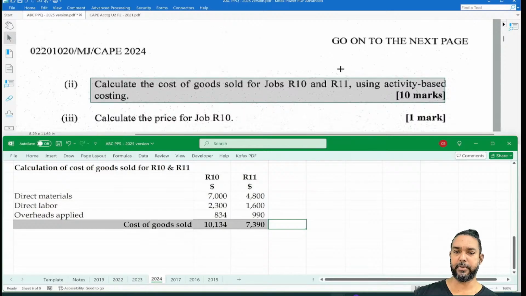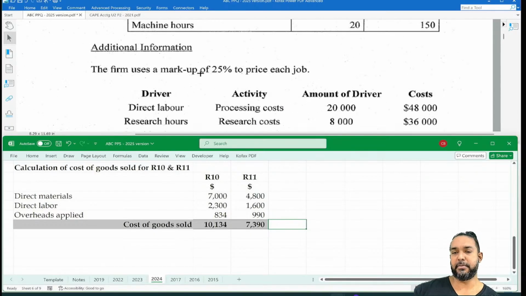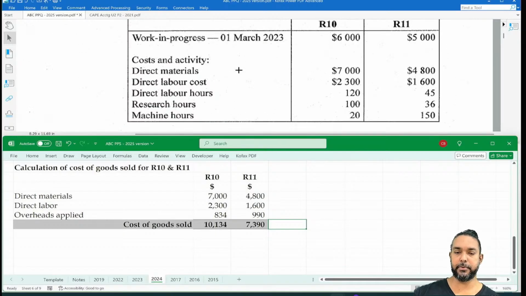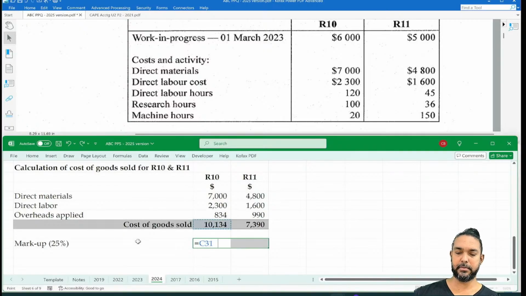Okay, so that's what they want, right? The cost of goods sold for R10, R11 based on activity based, and the price. When they say the price, this is for job R10. The firm uses a markup of 25% to price each job. Okay, cool. So markup 25%. Right, we'll just do both of them one time, just for the sake of it.